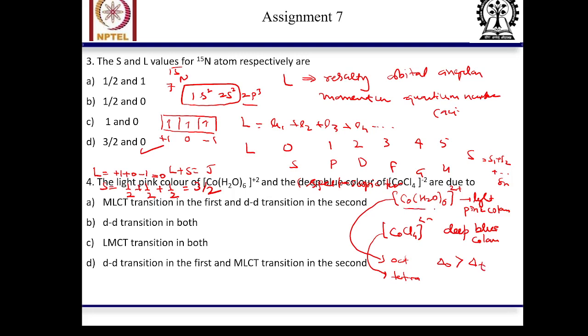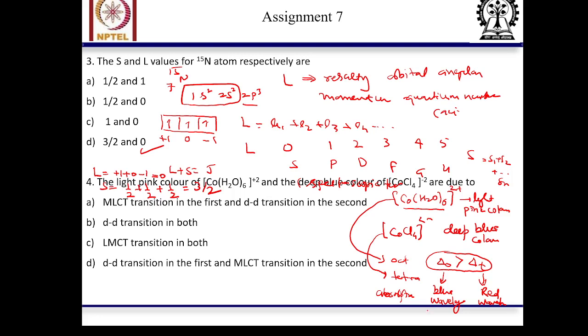So Co(H2O)6 will absorb the blue wavelength, and the tetrahedral complex will absorb the lower energy, the red wavelength. Why? Because of the splitting between the d orbitals, which is the crystal field stabilization energy.